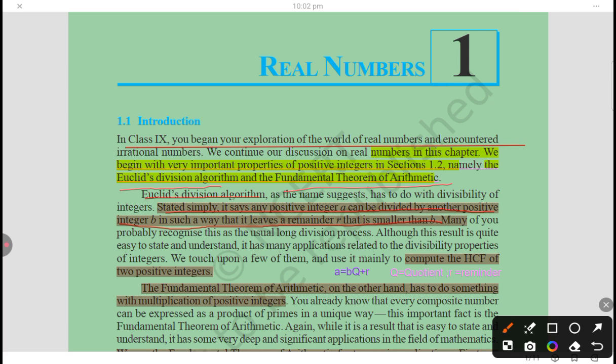And what Euclid's division algorithm says has to do with the divisibility of the integers. Stated simply, it says any positive integer a can be divided by another positive integer b in such a way that it leaves a remainder r that is smaller than b.